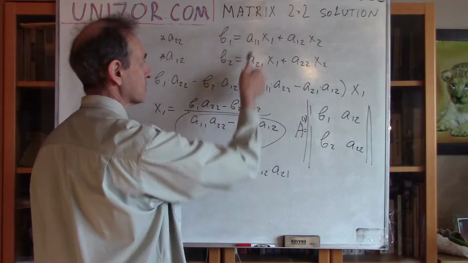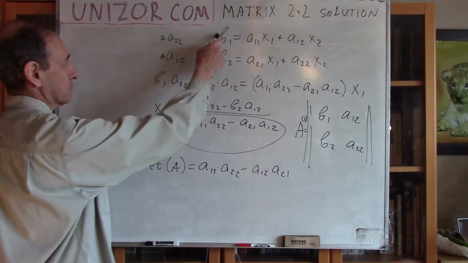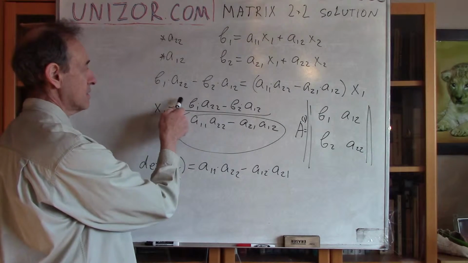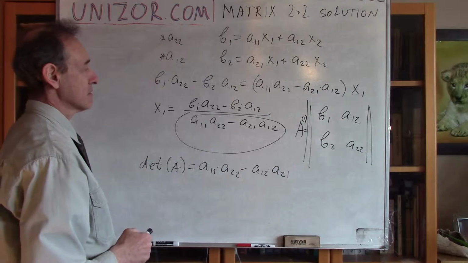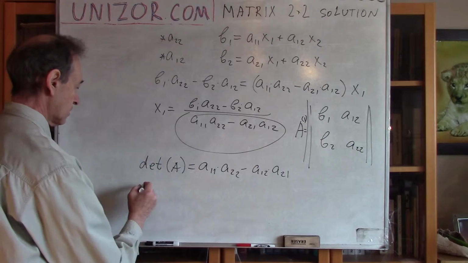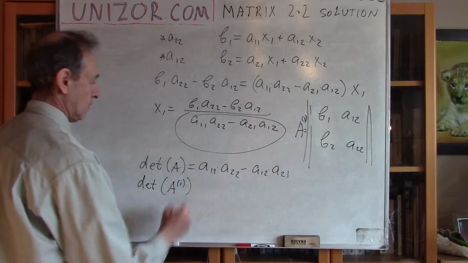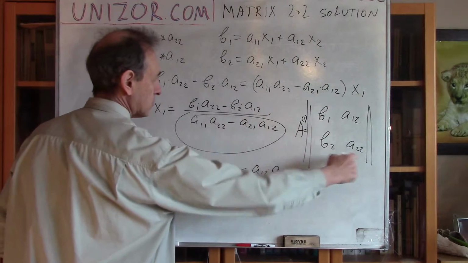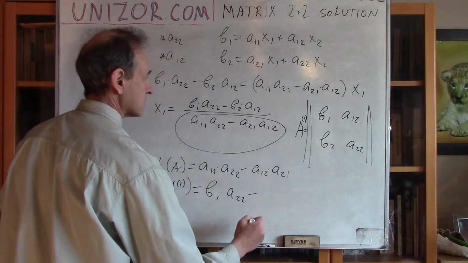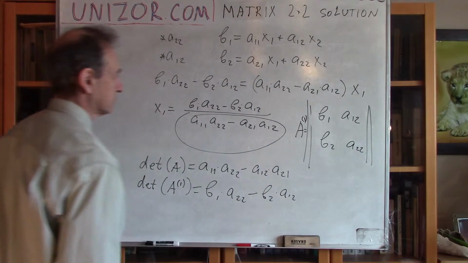All the coefficients for x1, I substituted with the free elements of these equations. As you see, the numerator is the determinant of this matrix. The determinant of matrix A1 is, again, main diagonal, b1 times a22, minus alternate diagonal, b2 times a12, which is the numerator.